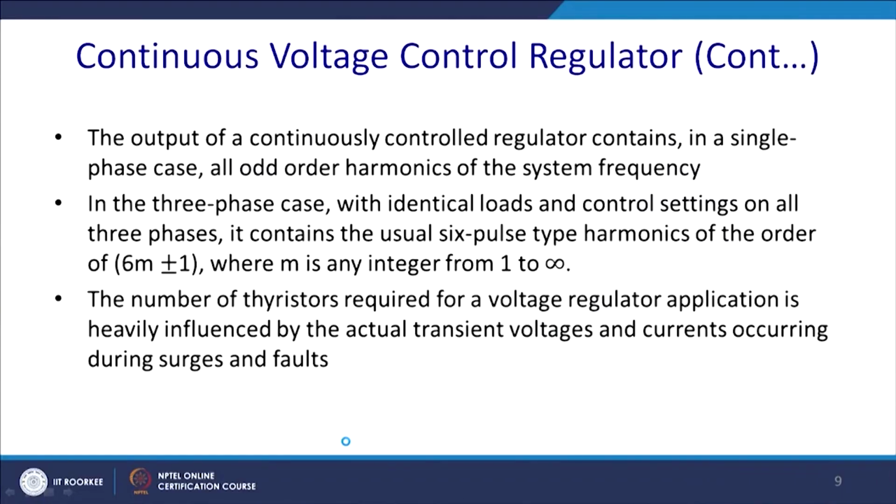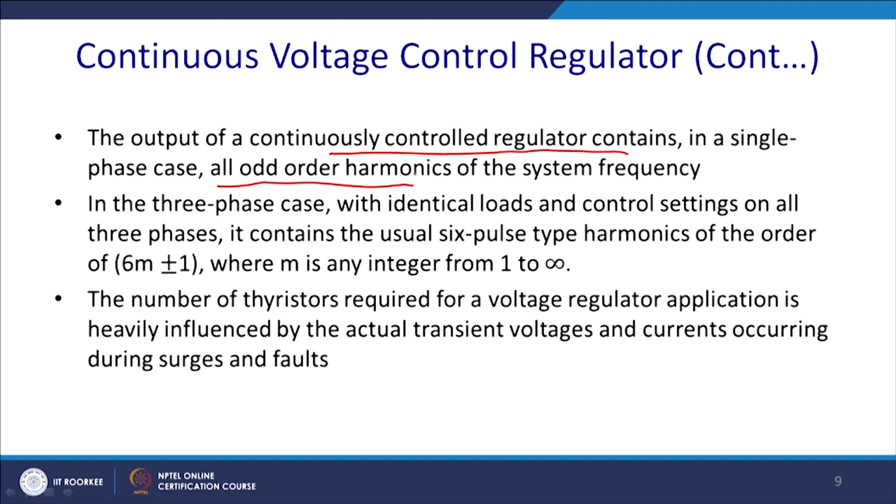So, what should be the takeaway from these discussions? In the output of a continuous control regulator in a single phase, odd harmonics of the system will be present, because we assume odd symmetry.